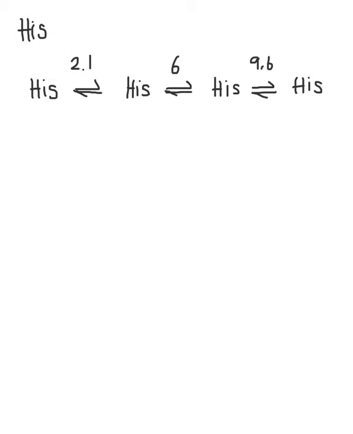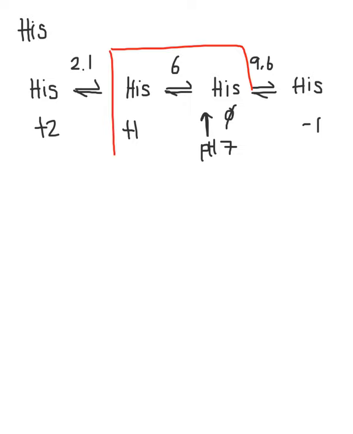So pH 7 is right here, and the most protonated form is still plus 2, and the most deprotonated form is minus 1. As the diagram shows, if you want to calculate the net charge at pH 7, you need to focus on this pair.